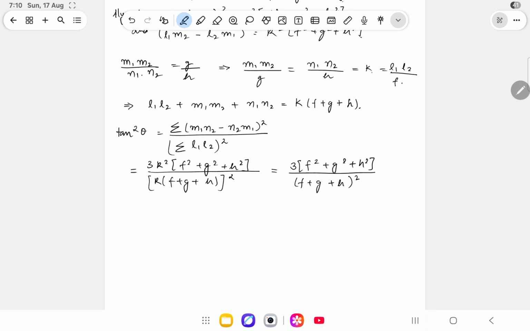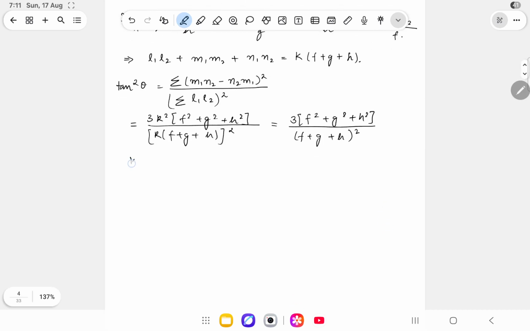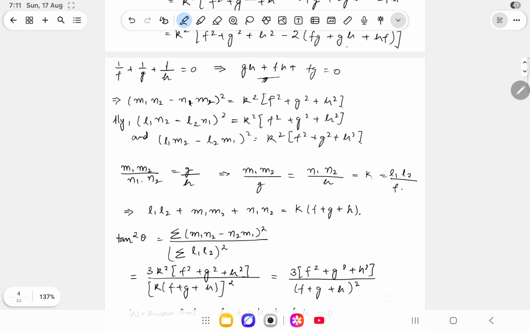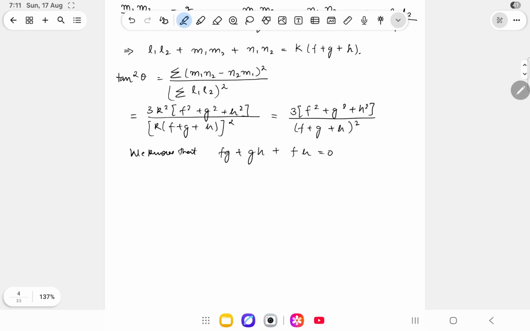So we need to eliminate these values f, g and h as well. Okay, so we know that fg plus gh plus fh equals 0. We got it from this equation. So we can just add 2 times of this equation herein to form a whole square.